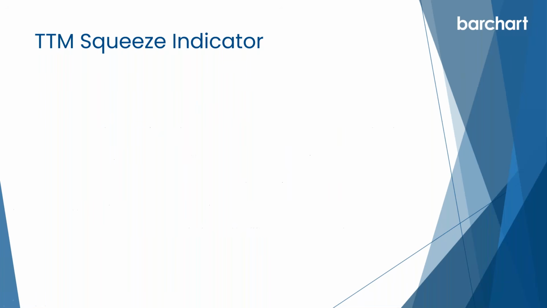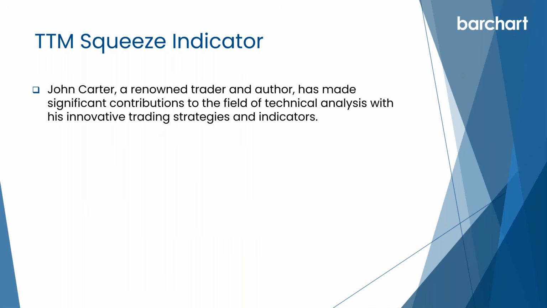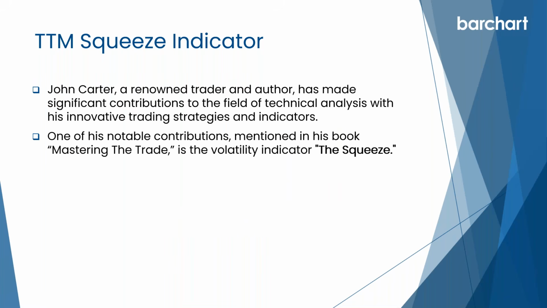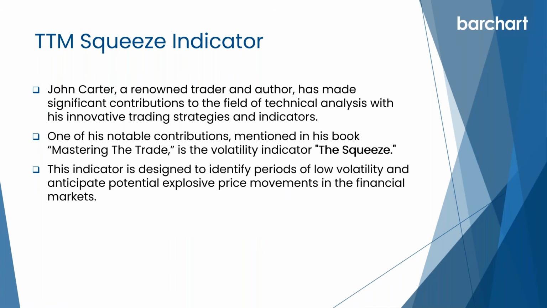So the squeeze indicator. John Carter is a renowned trader and author and has made a lot of contributions to the field of technical analysis with innovative trading strategies and indicators. The one that is most notable from his book, Mastering the Trade, is this volatility indicator called the squeeze. The indicator is designed to identify periods of low volatility and anticipated potential explosive price movements in financial markets.